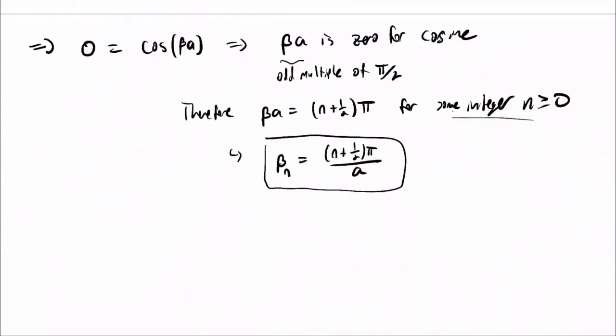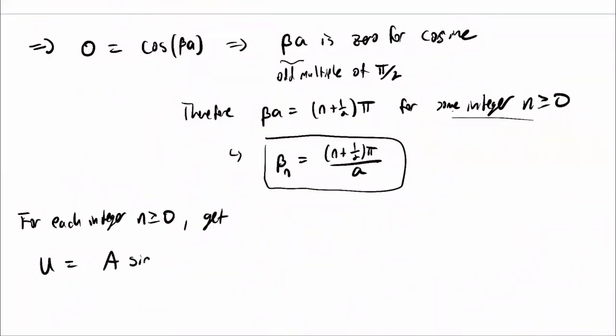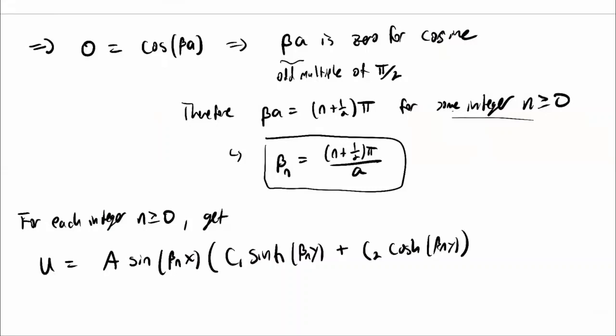So for each integer n bigger than or equal to 0, we get the following candidate for a solution. u should be some number a times sine of beta_n x, and then times the hyperbolic trig terms: c1 hyperbolic sine of beta_n y plus c2 times hyperbolic cosine of beta_n y.